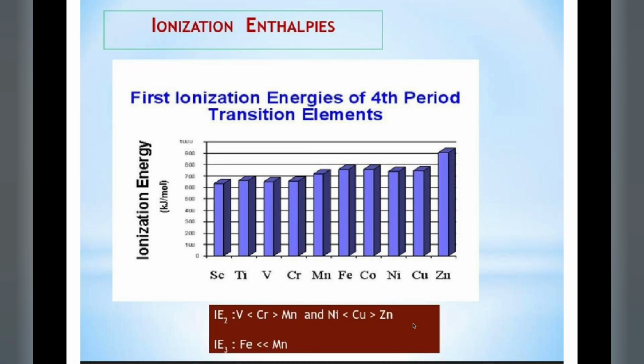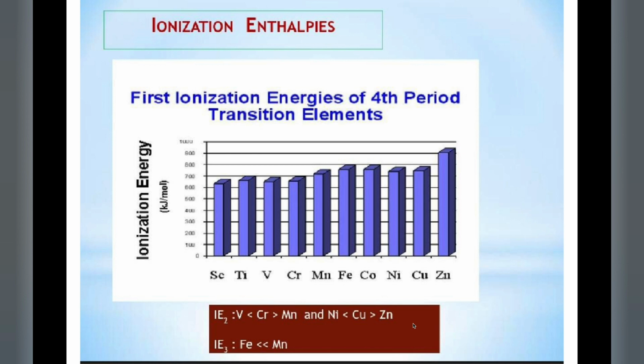Then the next one, again you can see the second ionization enthalpy and third ionization enthalpy. For second ionization, you can see that chromium is in between vanadium and manganese. Where is Mn in the figure? Almost in the middle. V is to the left of Mn, and you can see Cr, chromium, then V. So Cr is in between V and Mn.